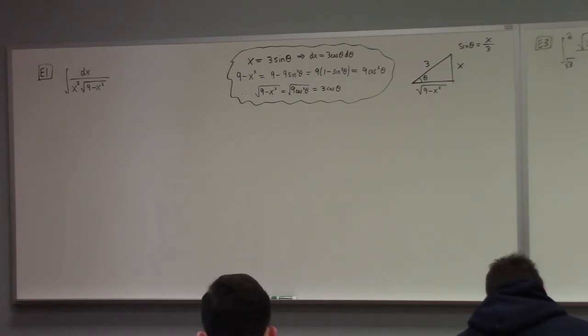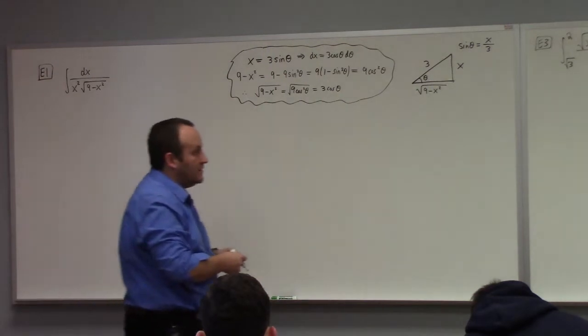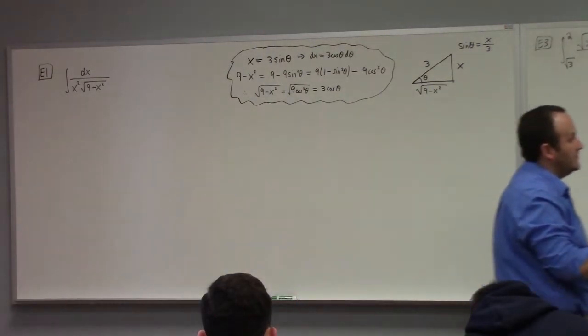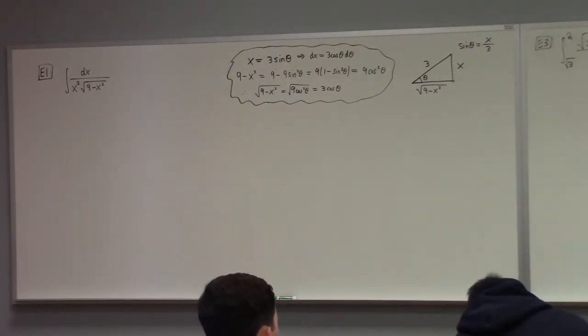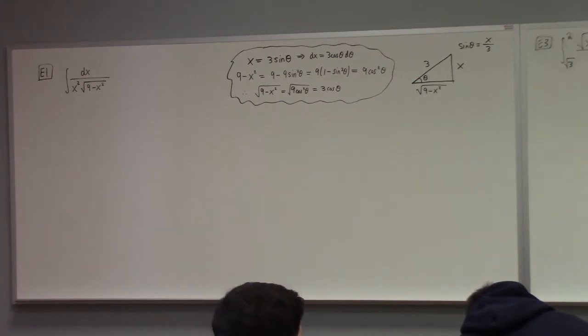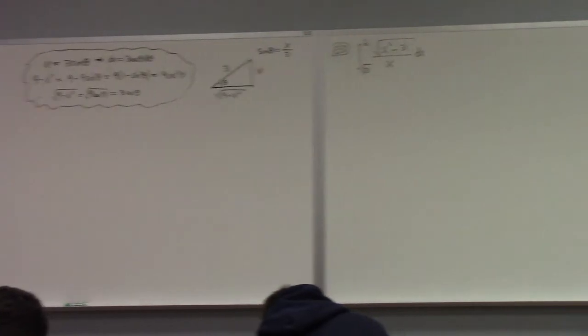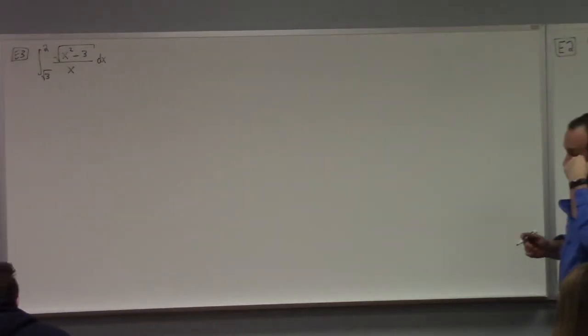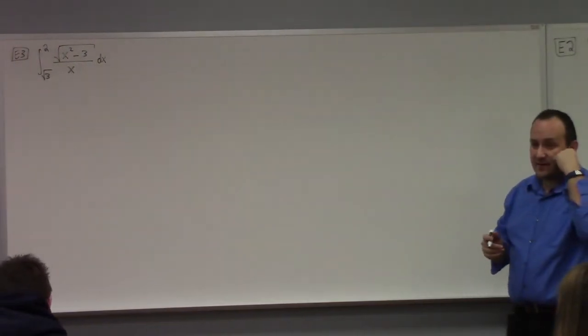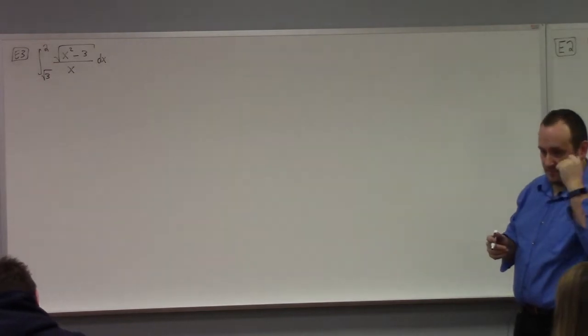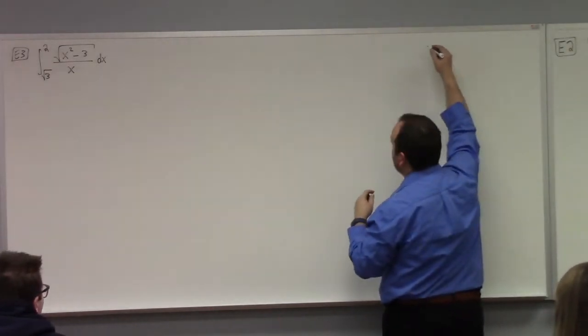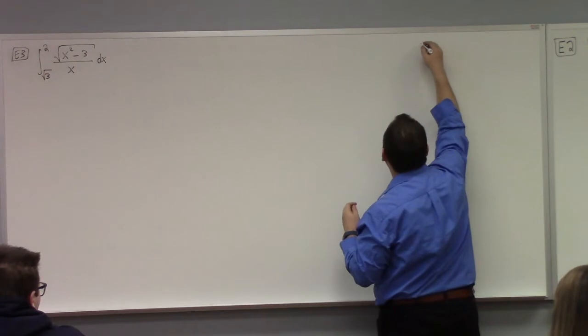How did you figure out why set x equals 3 sine theta? Indeed. All right, so let's see here. Last time I made everything work out to 1, right? So let me write down a series of identities here that'll kind of explain it to you.